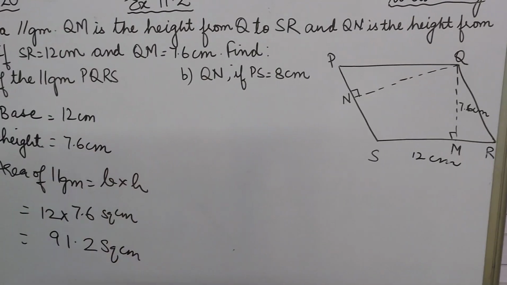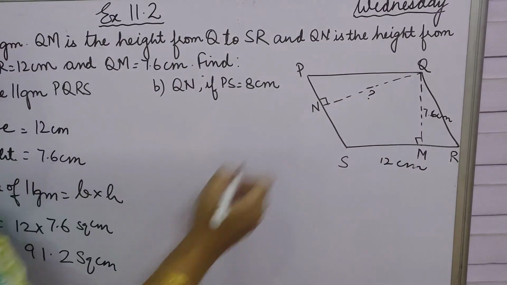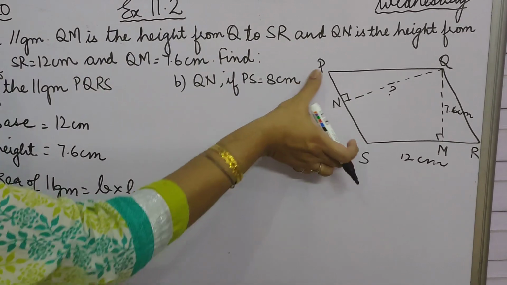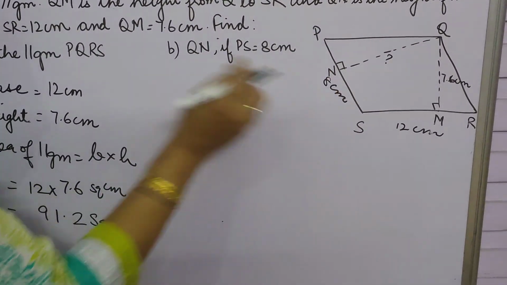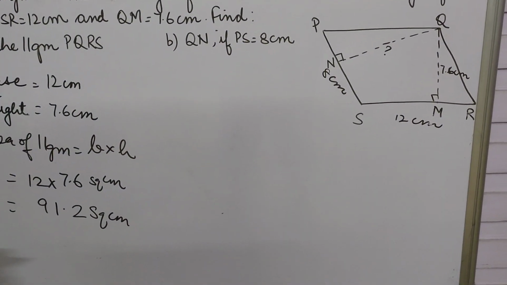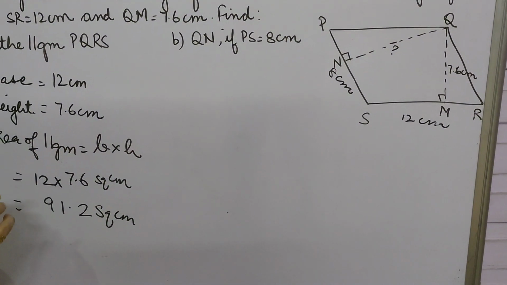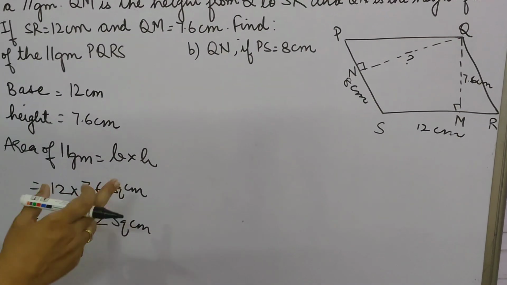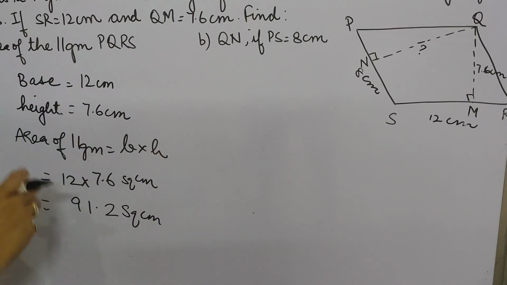Now see B part. We have to calculate QN. That means this height we have to find out. And we are given this base, this side PS as 8 centimeter. Now see, parallelogram is the same. The area is not going to change if I take another side as base and its corresponding altitude.